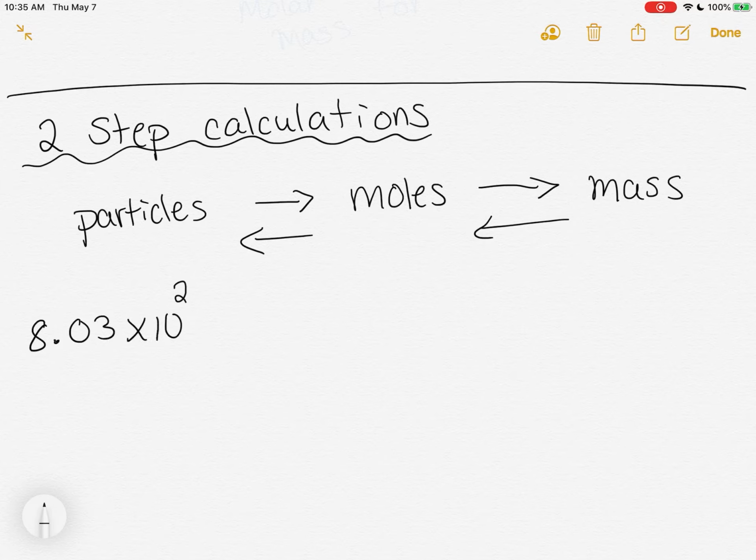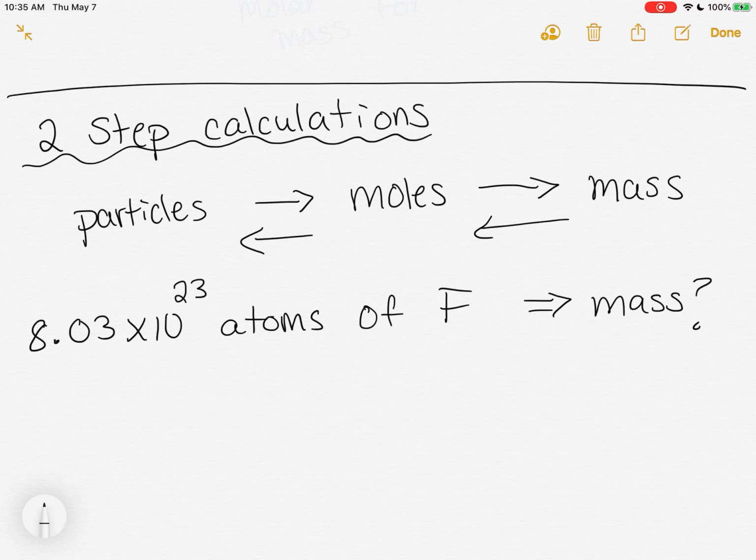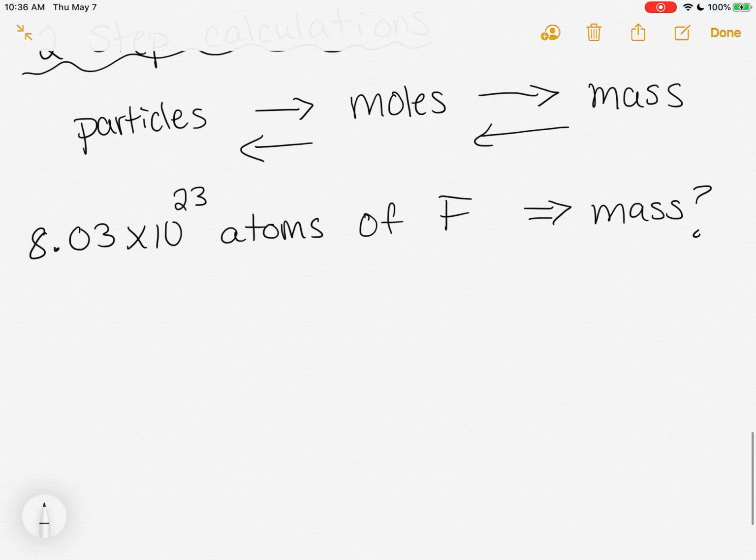So I have 8.03 times 10 to the 23 atoms of fluorine, and I want to know the mass. Okay, so I'm going to start with my number that I have, 8.03 times 10 to the 23 atoms.